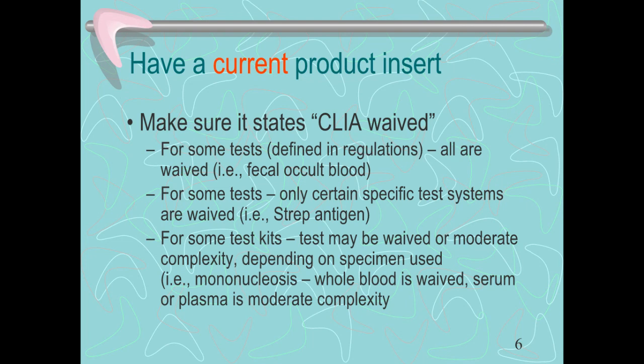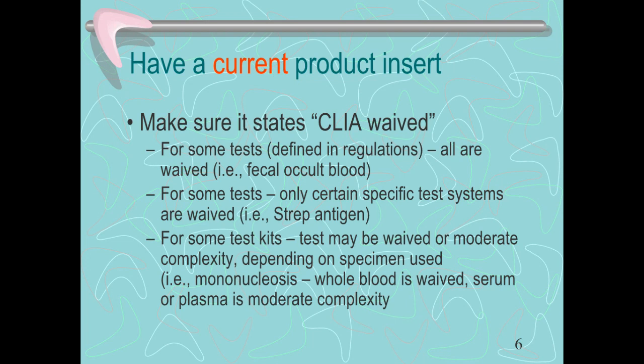Some have only certain specific test systems. All fecal occult blood tests are waived, but only certain rapid streps are waived. The strep antigen is waived, but other cultures that have to grow are not waived.